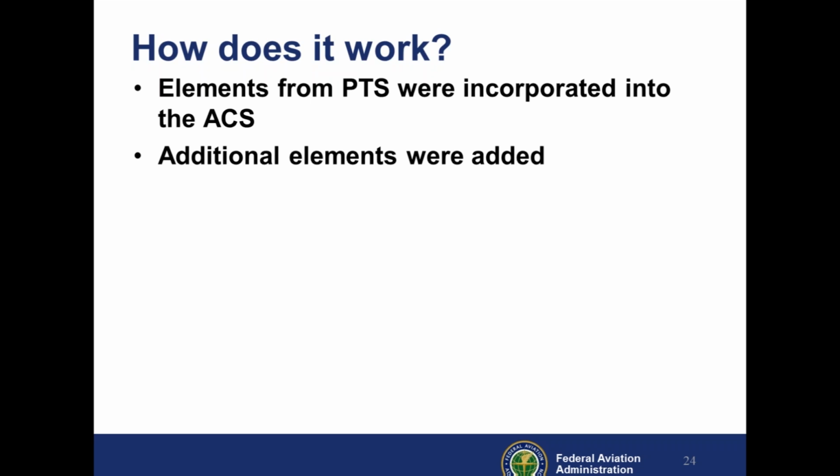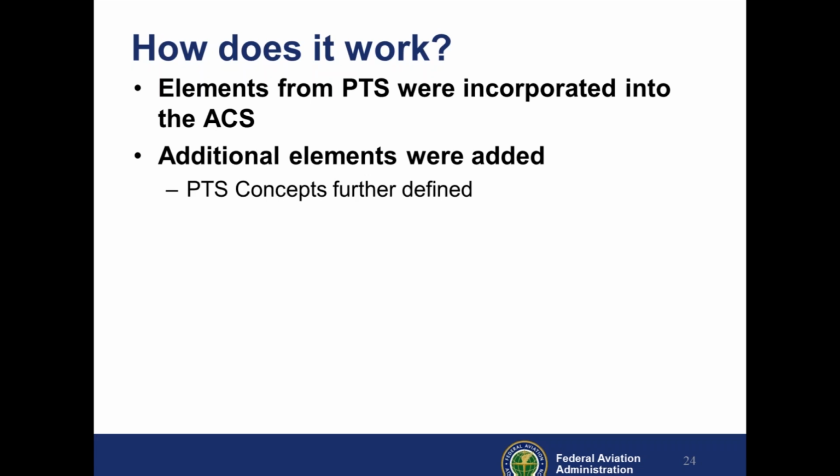So some of the reasons that we had to add additional elements: number one, sometimes the PTS concepts were divided into individual elements. For example, the PTS would often have a single element, but it might have 3 or 4 concepts included within it.